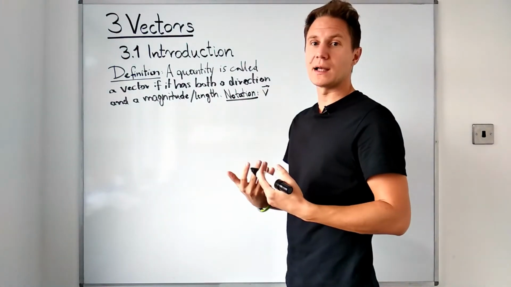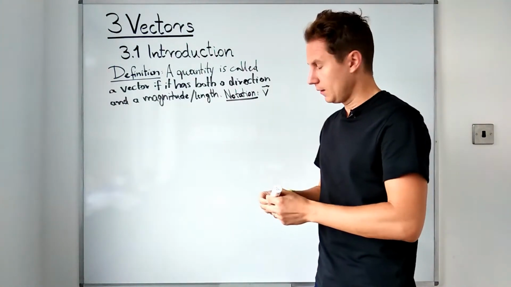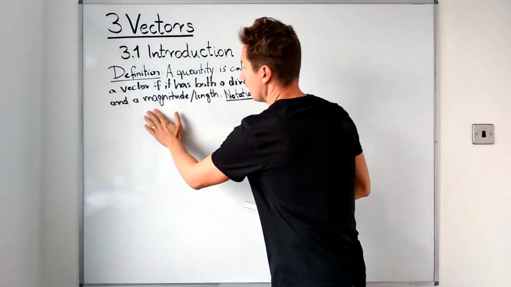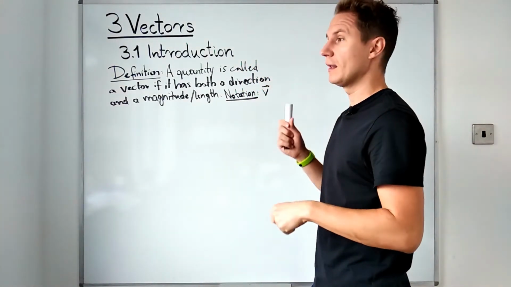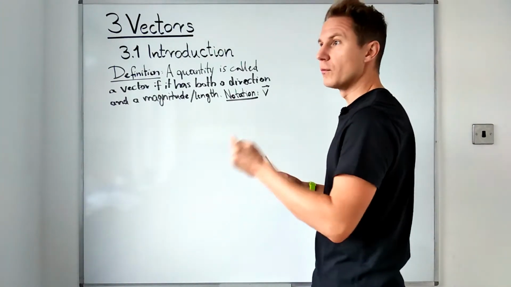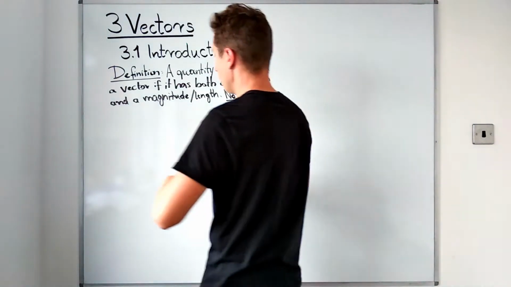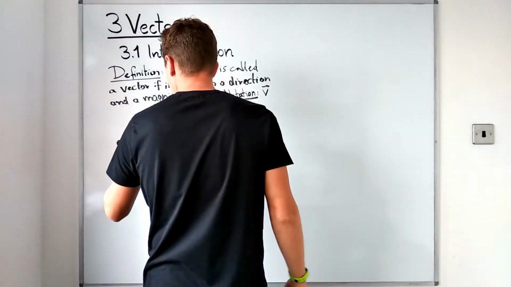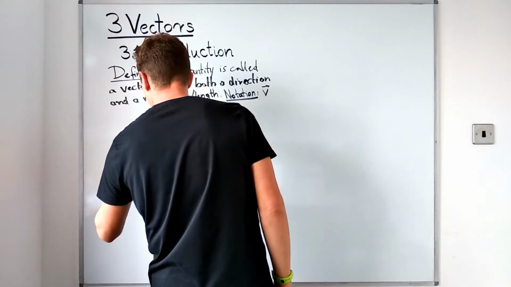Of course, vectors can be specified by giving the initial point and the end point of a vector, basically telling us from which point to which point it is pointing or going. So a vector can be specified by its initial and end points.